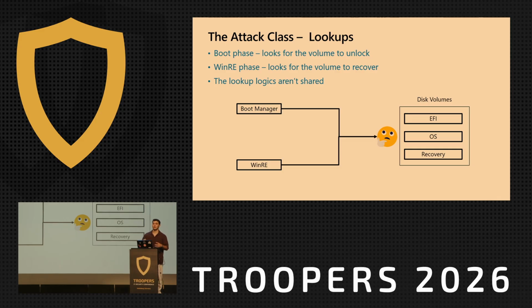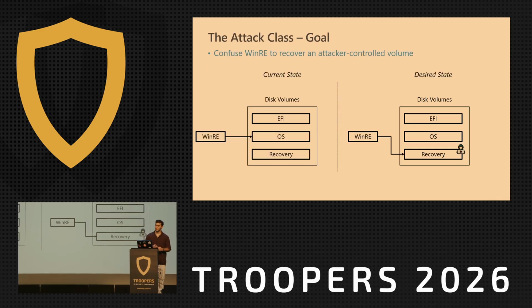And although they mostly are based on the same data stores, because these are separate implementations, a small diff in the implementation could create interesting opportunities. So we asked, what if these implementations, boot and WinRE, fall out of sync?